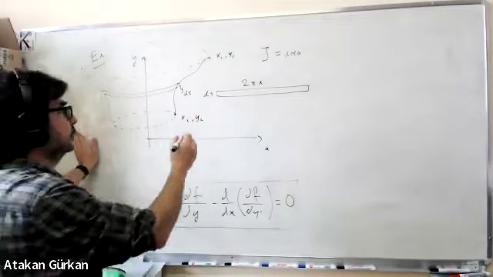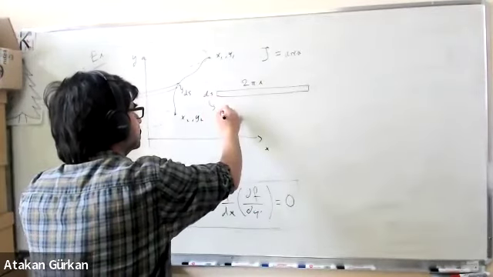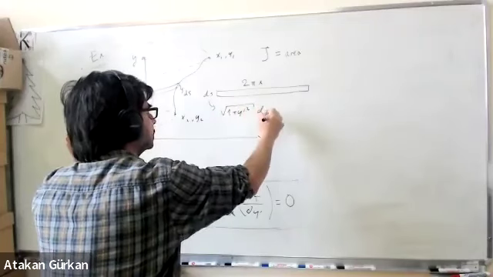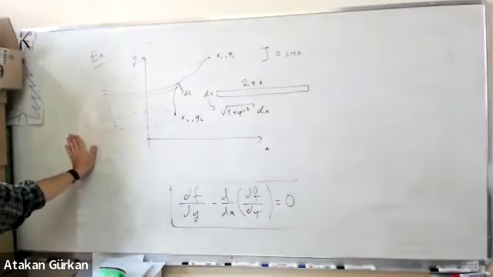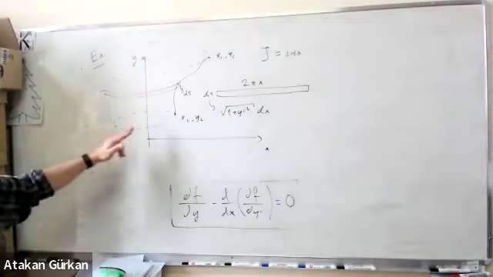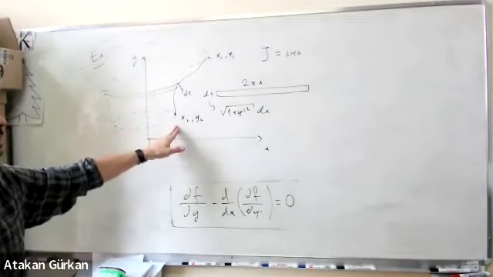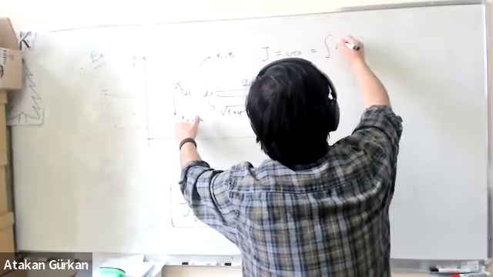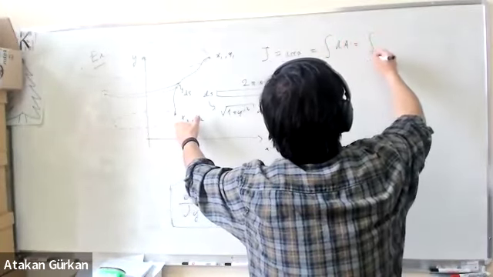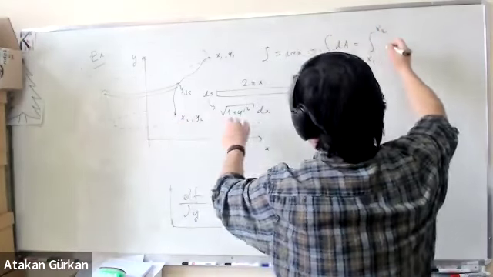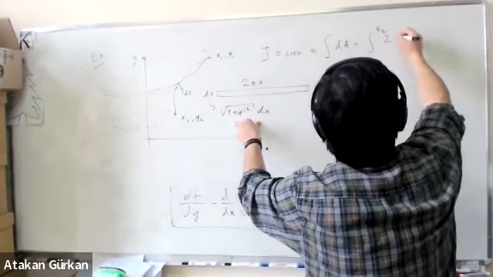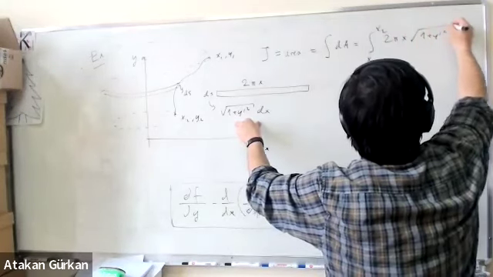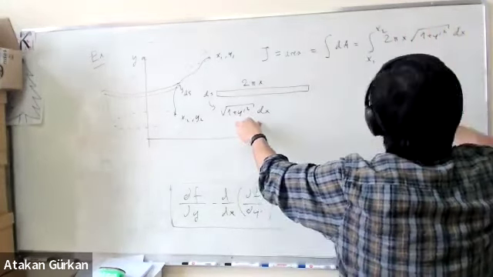And ds, as you already know, is the square root of 1 plus y prime squared, times dx. And I'm going to integrate this from one point to the other. So this integral is going to become, from x1 to x2, 2 pi x times the square root of 1 plus y prime squared dx.